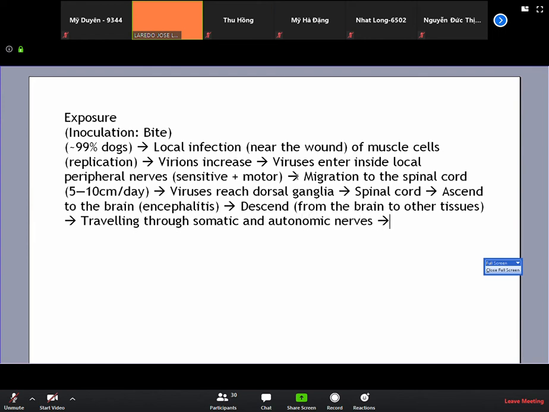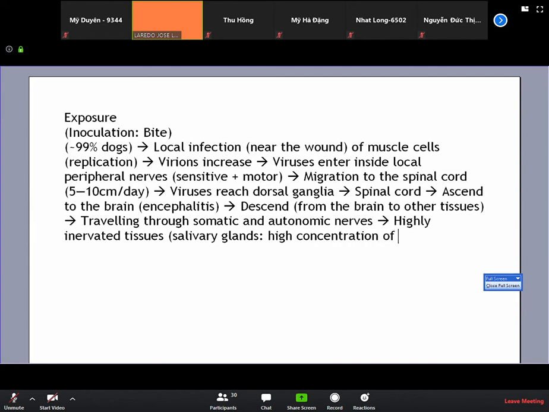And they can infect many different tissues. They will go mostly to the highly innervated tissues. For example, the salivary glands. So a lot of virions will be released in saliva. This is the reason why the disease is transmitted through the contact with saliva. So this is the infectious process from exposure to disease.